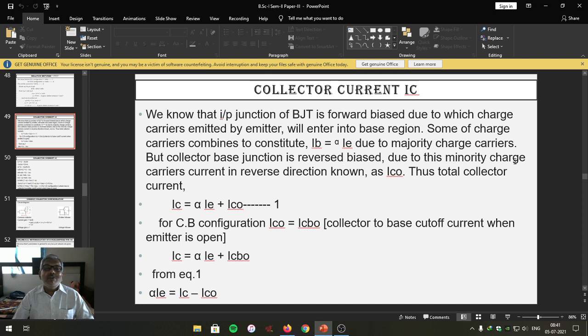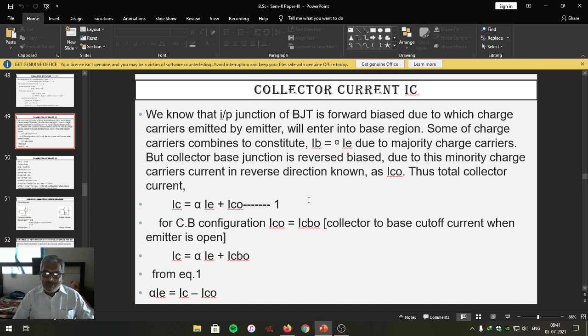Due to this, minority charge carriers carry the current in the reverse direction, known as reverse saturation current, denoted by ICO. Thus the total current is the sum of IB plus ICO. Therefore we can write IC is equal to alpha IE plus ICO. Let me call this equation number 1. This is the general equation: collector current is equal to alpha IE plus ICO.